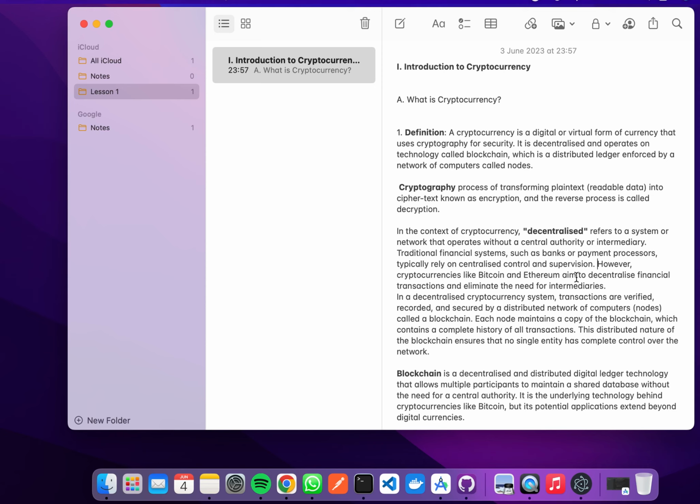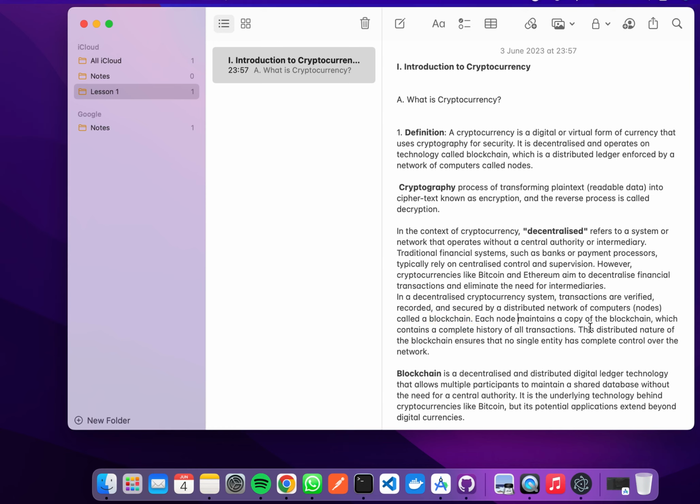In a decentralized cryptocurrency system, transactions are verified, recorded, and secured by a distributed network of computers, which we call nodes, called a blockchain. Each node maintains a copy of the blockchain, which contains a complete history of all transactions.